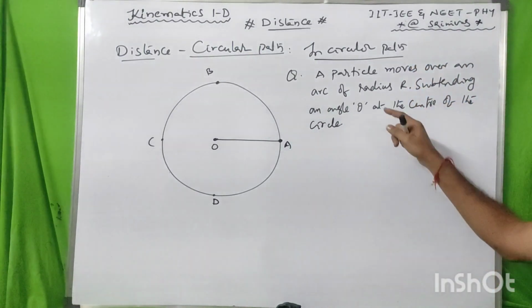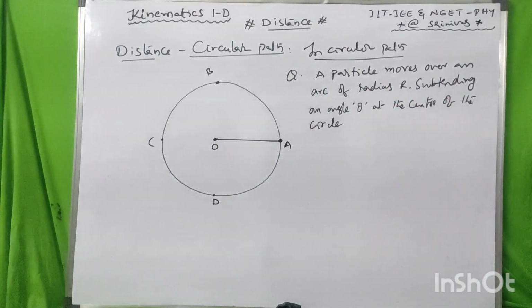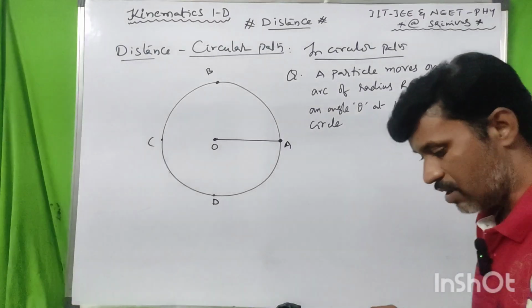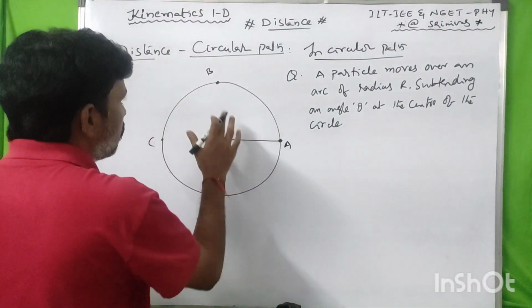Okay, a particle moves over an arc of radius capital R, subtending an angle theta at the center of the circle. That means the particle moves like this.